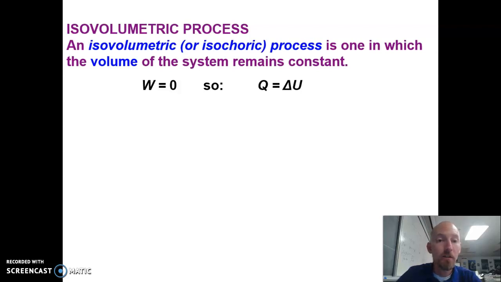Work equals negative PΔV. So if volume doesn't change and your work ends up being zero, how does that affect the first law? Well, ΔU equals Q plus W. If there's no W, then it's just ΔU equals Q. For each one of these processes, some things stay the same and some things change, and so it changes what happens to the first law.